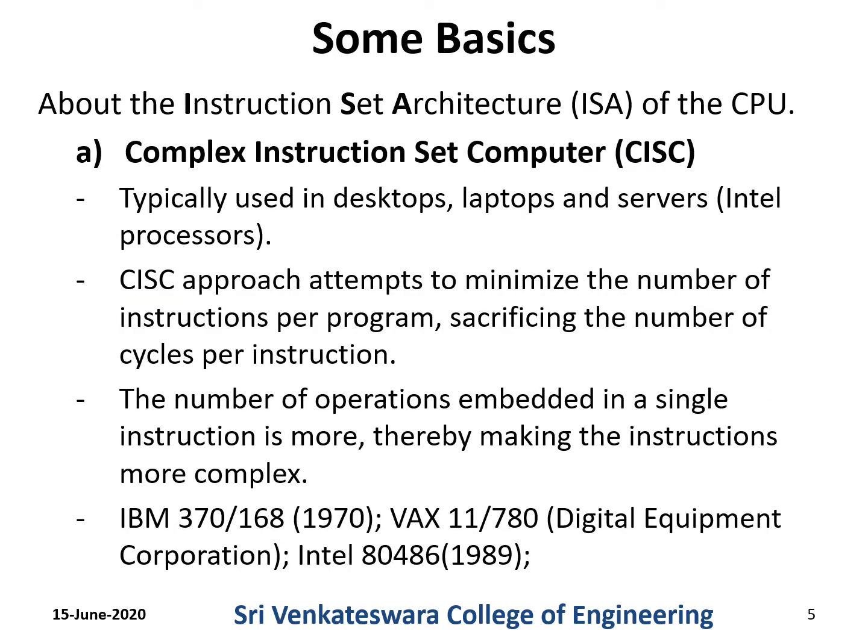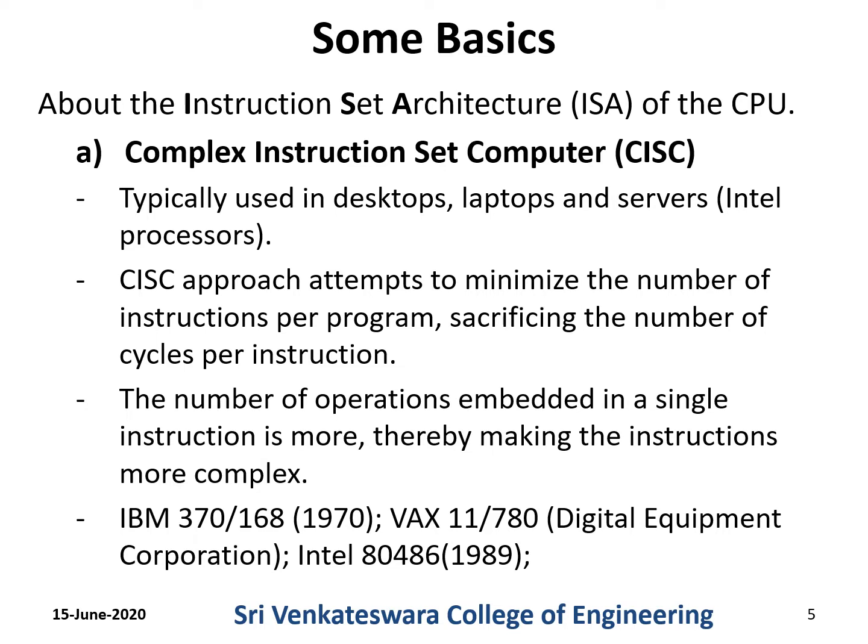Depending on the instruction set architecture of the CPU, they can be classified as CISC and RISC. CISC stands for Complex Instruction Set Computer and RISC for Reduced Instruction Set Computer. In CISC, as the name implies, the instructions are more complex than RISC CPUs. Because in CISC, the number of operations embedded in a single instruction is more, and that's why it also consumes more number of clock cycles per instruction.